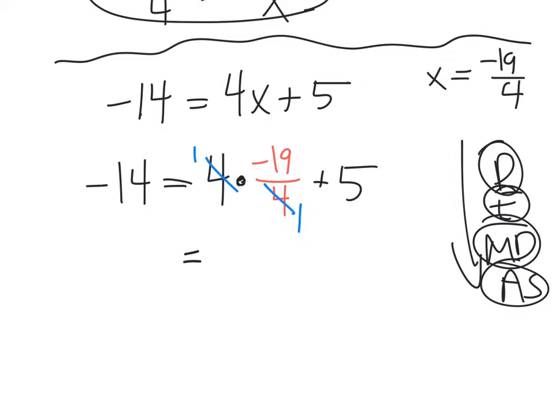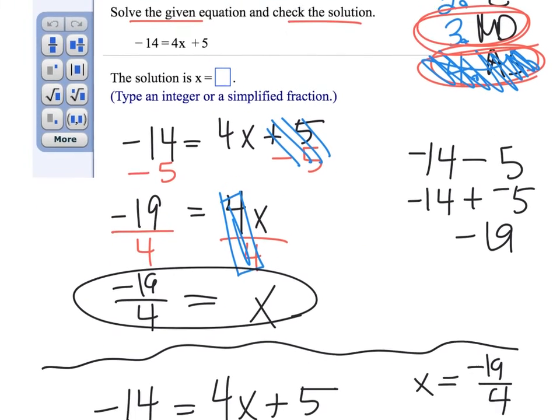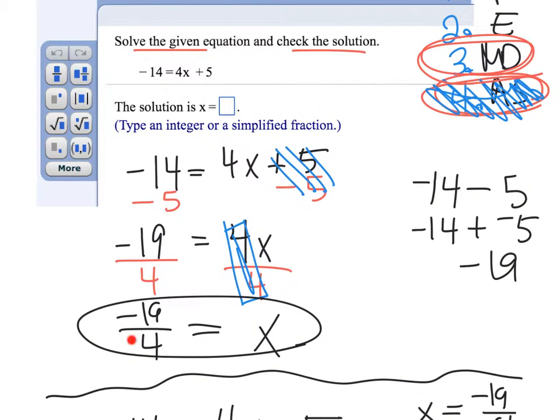So we really get 4 times negative 19 fourths is going to equal negative 19, and then we have plus 5. And negative 19 plus 5 is negative 14, and that's exactly the answer we wanted. So we just showed that the answer really is, beyond a shadow of a doubt, negative 19 fourths.